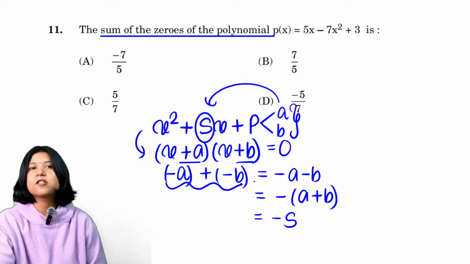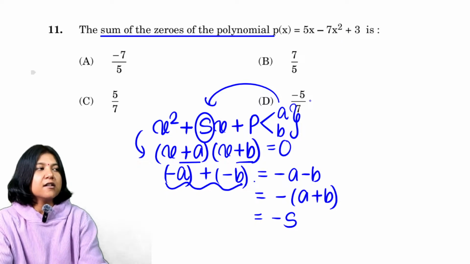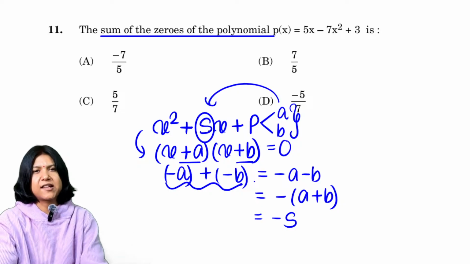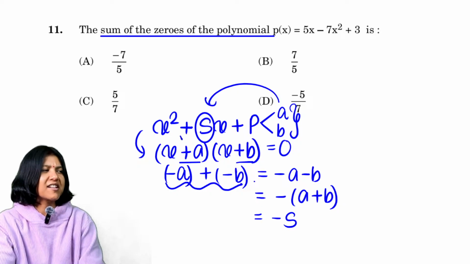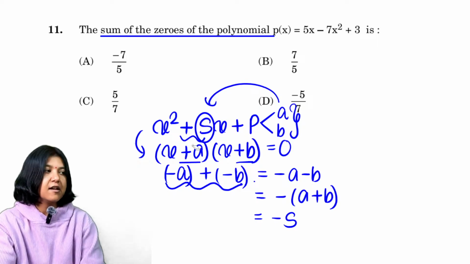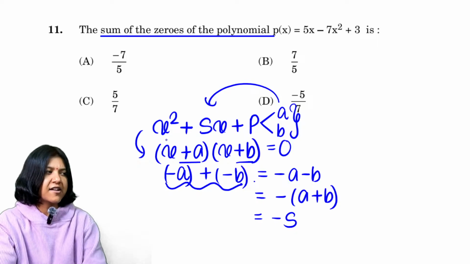So from here comes the concept that to find the sum of the zeros, you always take the negative of the coefficient of x. But now in this example, my x squared was just x squared.